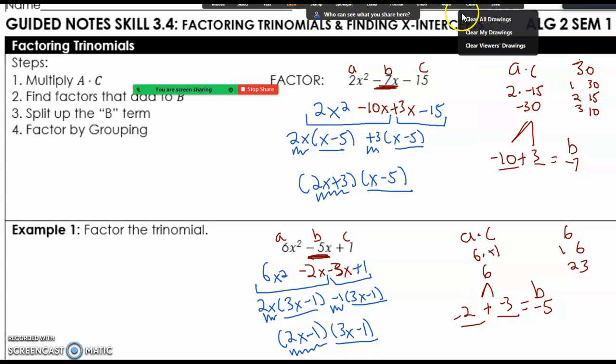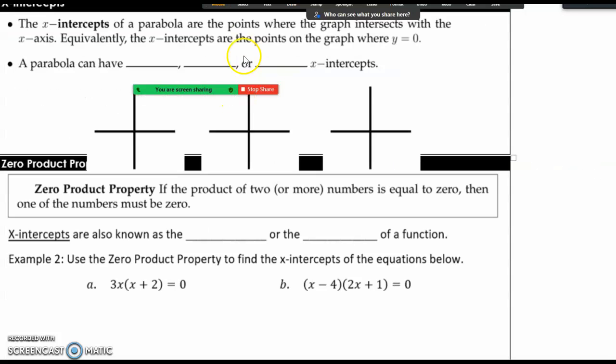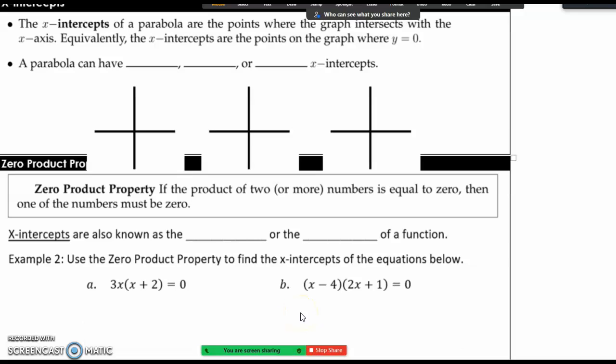We're now going to tie our factors into this idea of x-intercepts. An x-intercept is a point that intersects the x-axis. So just remember, this is the x-axis, the horizontal line.